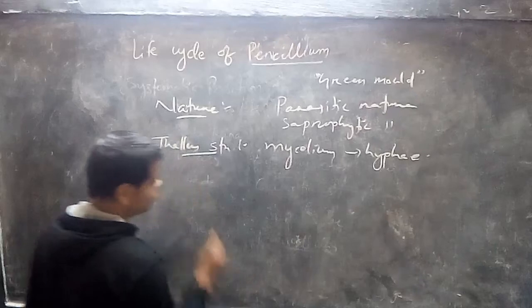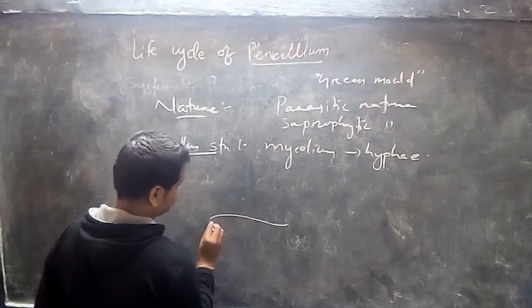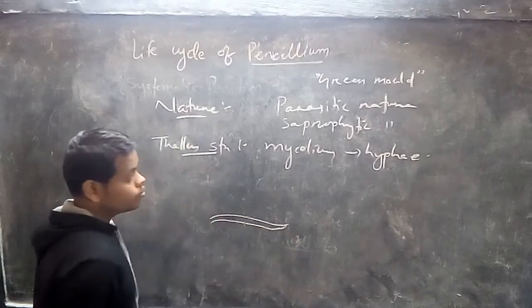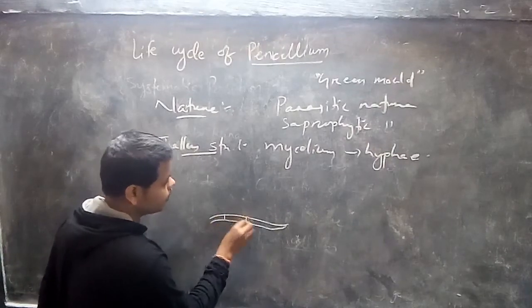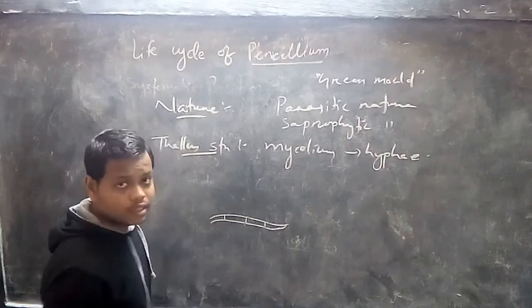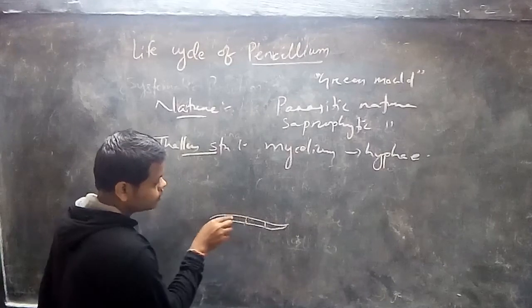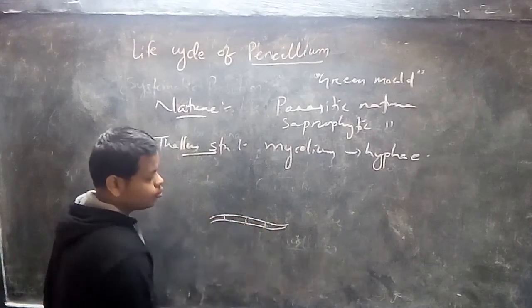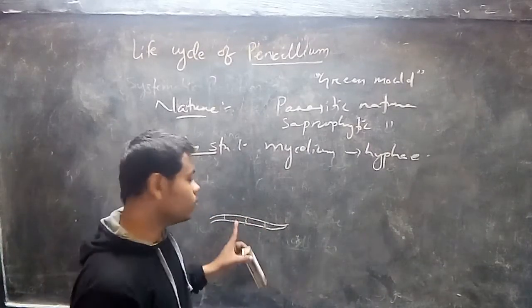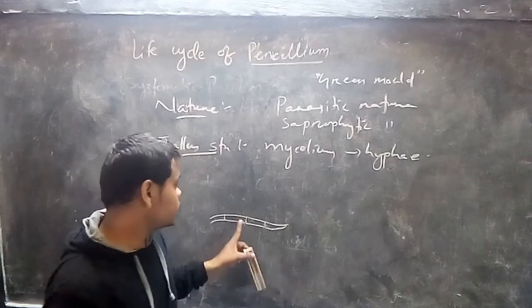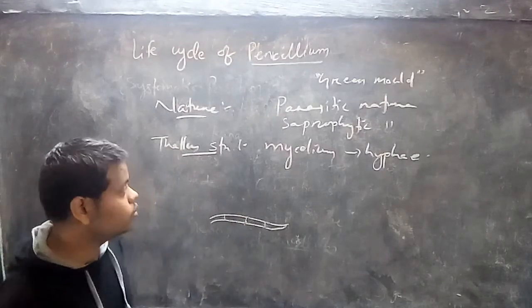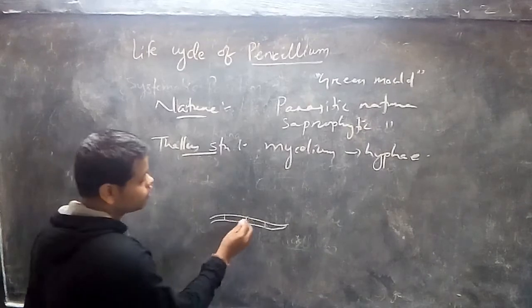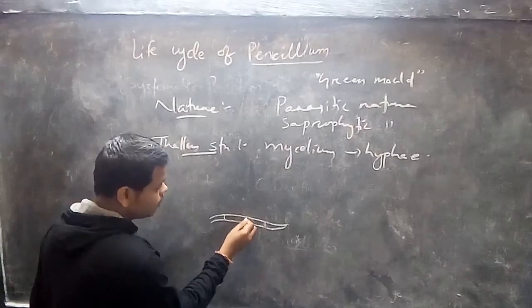Suppose this is the hypha. Now, the hyphae of Penicillium are septate. That means septa are present and these septa consist of a single pore. The pore is present for the inter-exchange of cellular protoplasm, cytoplasm and other materials. So the cells are septate.